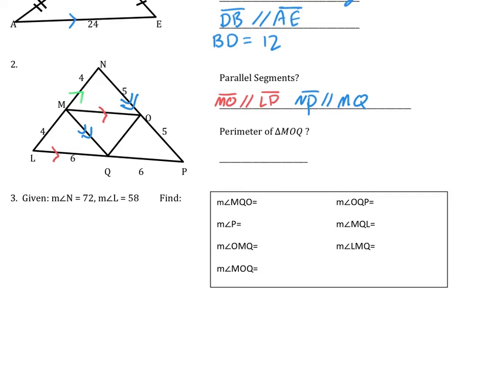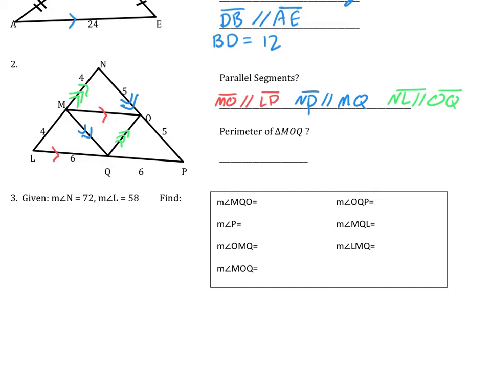And then we also know that NL is parallel to OQ. So those are all of our parallel segments, because we know that those segments inside of our larger triangle are midsegments.